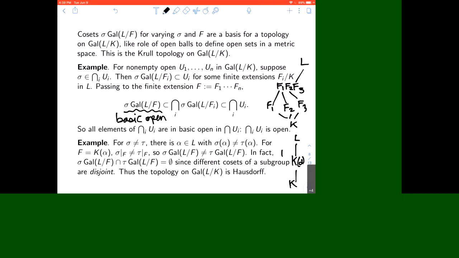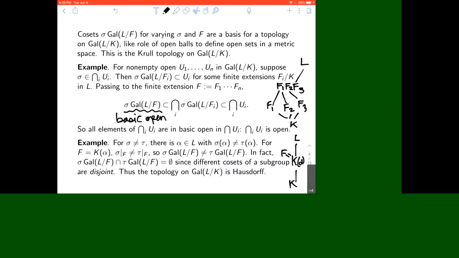There's my finite extension. Then on that field, which may get moved around, it might not be Galois or come back to itself, but sigma and tau are not the same function on that field because they have different values at the element alpha, which means that the coset that they both define cannot be the same coset, because those cosets contain different elements. Sigma is on the left and it's not in the right.